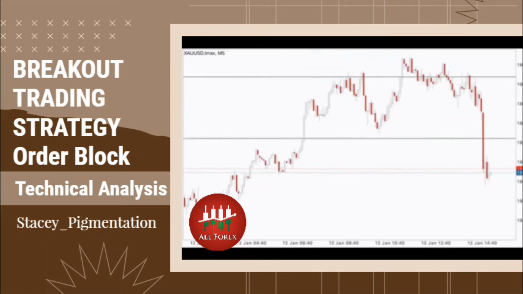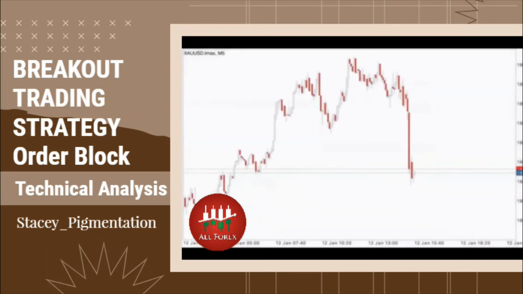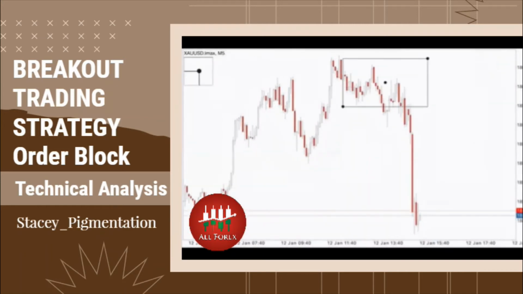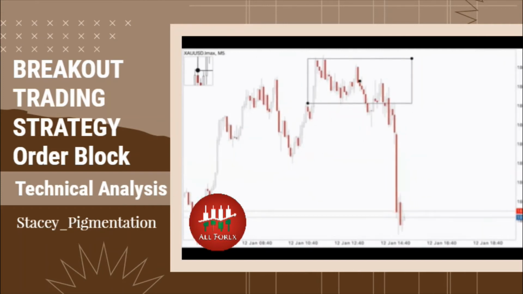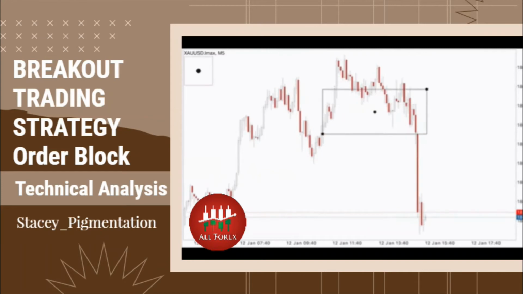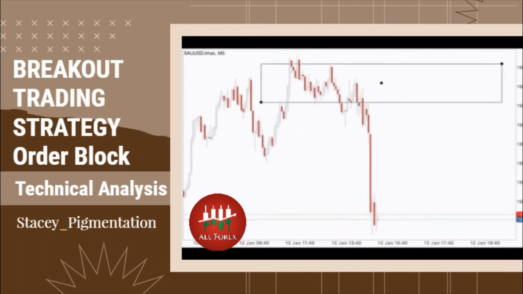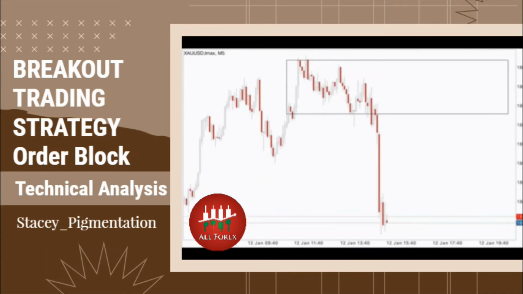But if you're avoiding that, you can still delete this, focus on the current market, draw your order block somewhere there, draw your order block somewhere here, wait for it to exit, and then you can tell that it broke on the lower side. So what you'll do is extend, and then it is seen that it broke on the lower side.